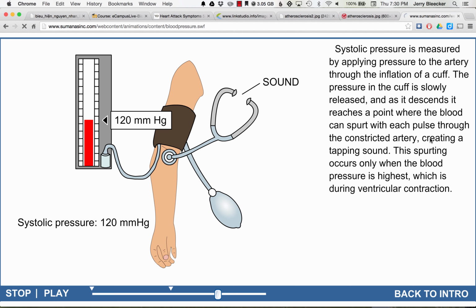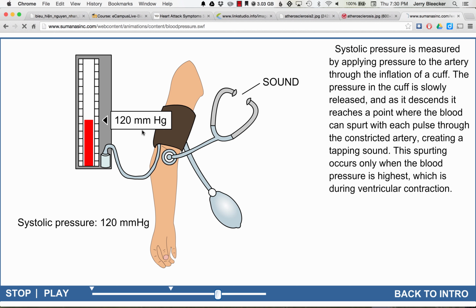So you have a constricted artery, and what you'll hear when the pressure is really high, you listen for this whoosh, whoosh, whoosh, this sort of tapping sound. And you only hear that consistent tapping sound when the cuff is super tight, because only really your arterial pressure can squirt the blood through, and that's your ventricles.